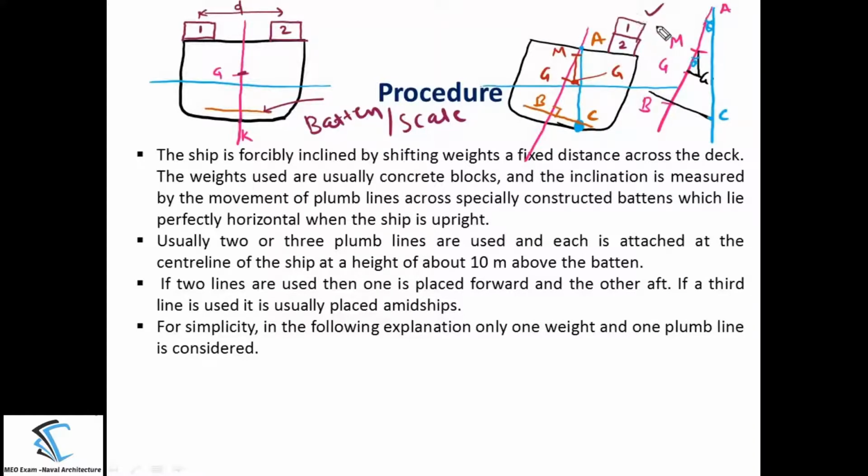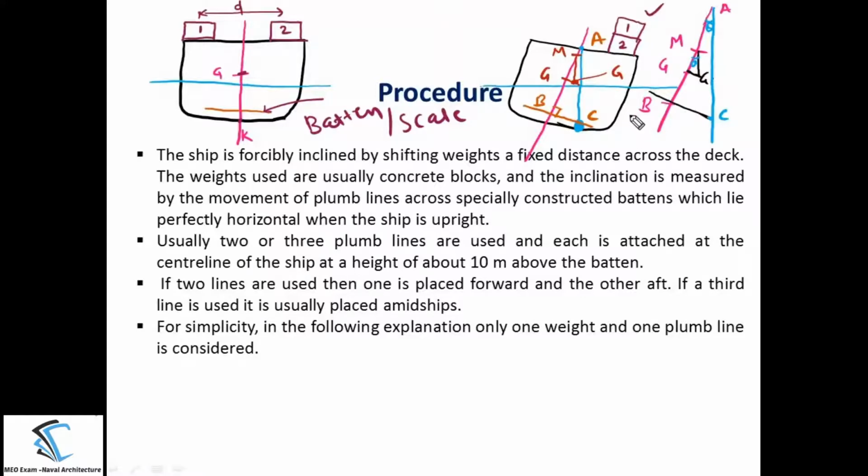So you can see in the second picture where I have kept block number 1 on top of block number 2. When both blocks come on one side, there will be an uneven distribution of the cargo. It means on the starboard side the weight has increased. Because of that, the ship is going to incline towards the starboard side.